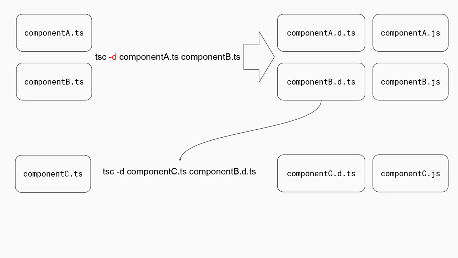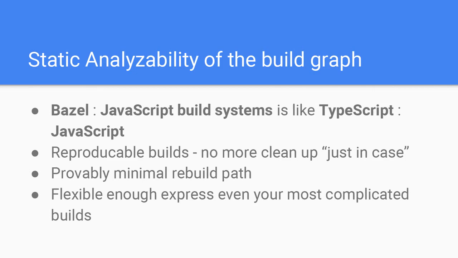You don't need to encode any of these smarts into your TypeScript plugin. It's all part of the dependency graph. So the trick is just to explain the dependency graph to the tool. The tool is generic, and it just does the right thing. And of course, it's important that TypeScript has this feature of, as you're compiling, also producing the .d.ts file for the next compilations. All right.